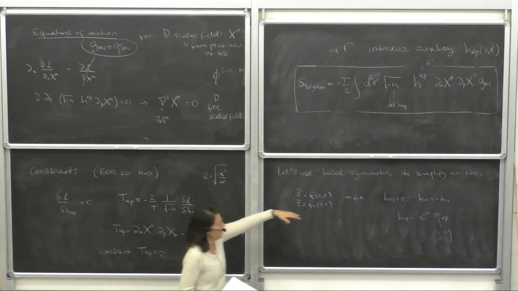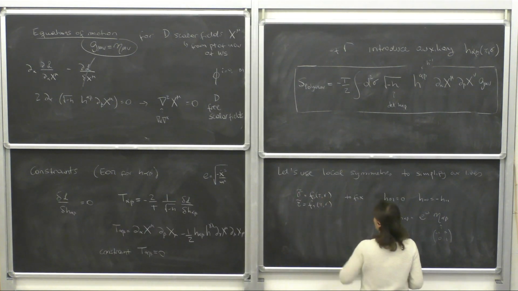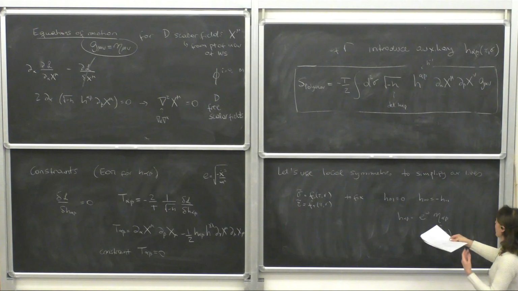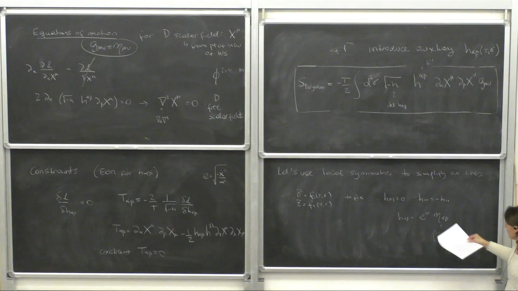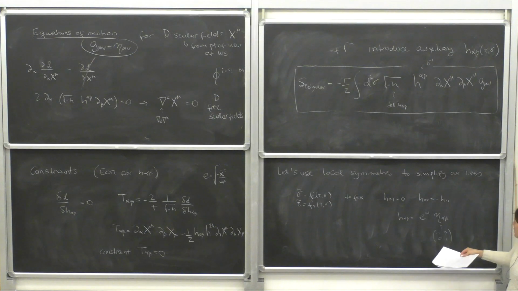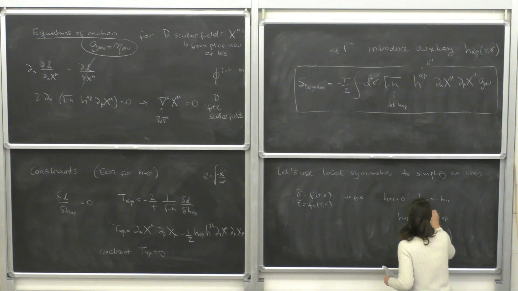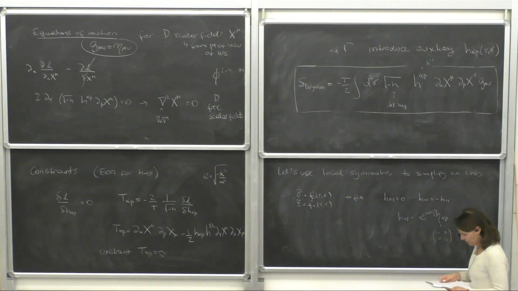This is similar: choosing some tau and sigma such that for the metric, this H alpha beta, our auxiliary field, there's just this one parameter left. And this is in general a function of tau tilde and sigma tilde.